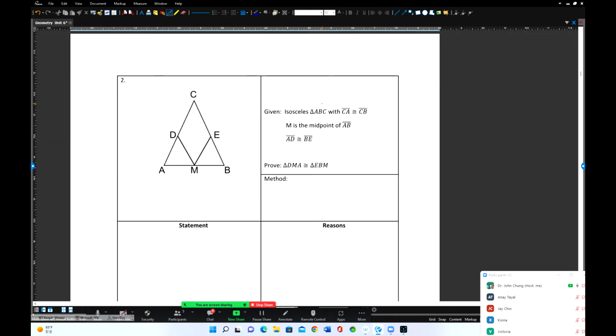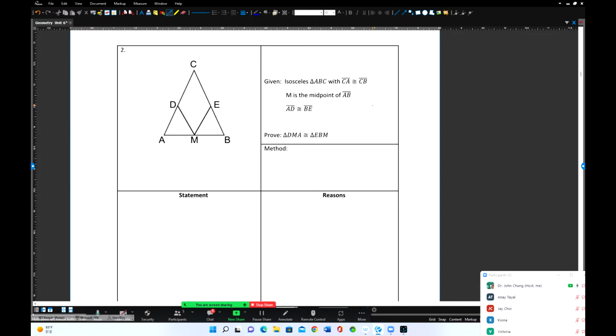Now we go to the next one. Still isosceles triangles. CA is congruent to CB, that's the given. So I'm going to write it down over here. Given is isosceles triangle ABC. CA congruent to CB, these two sides are congruent, entire length. A second one: M is the midpoint of AB.